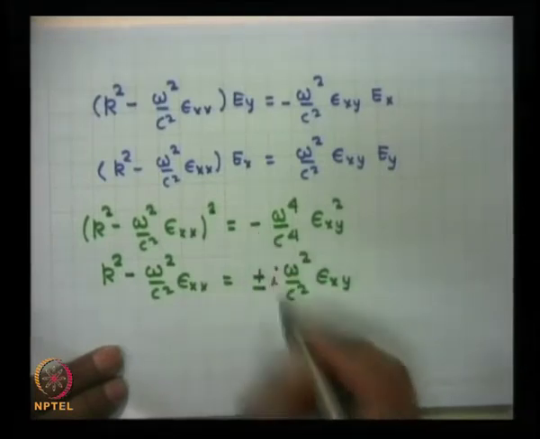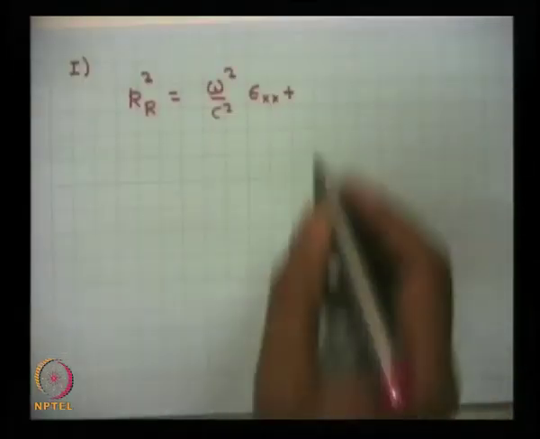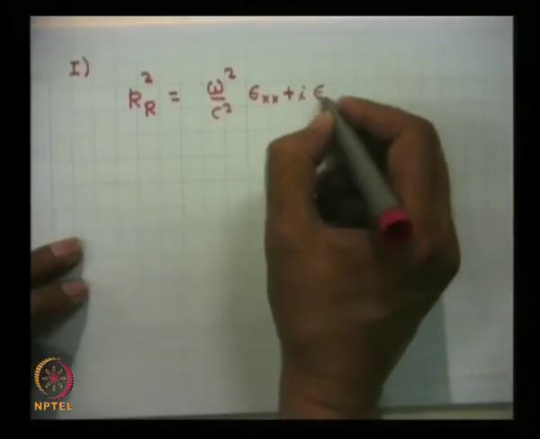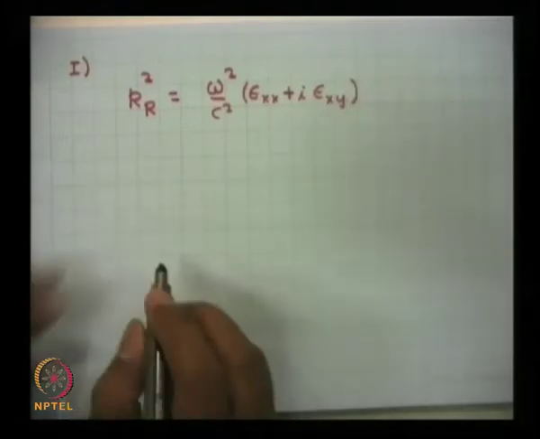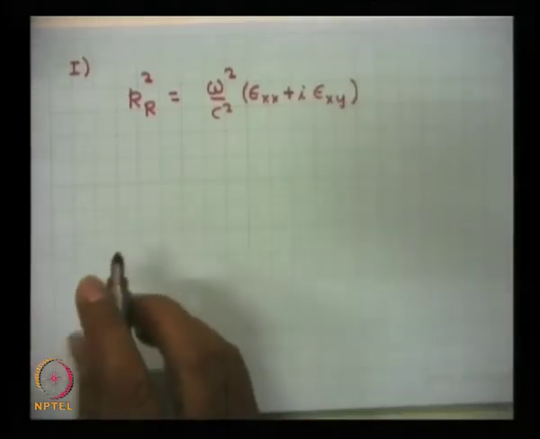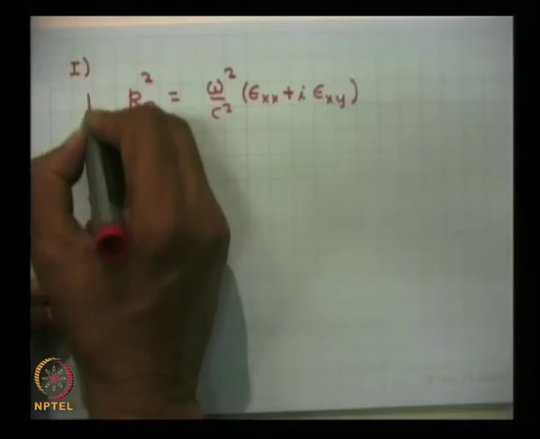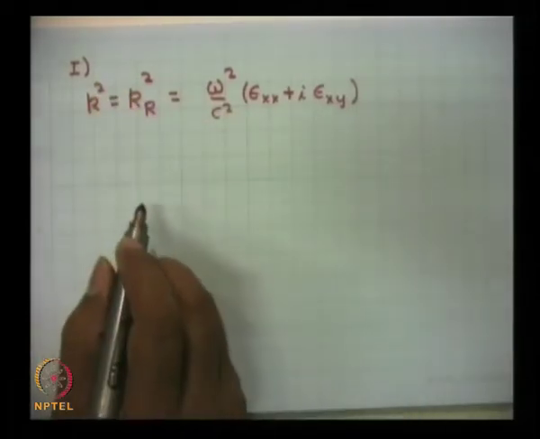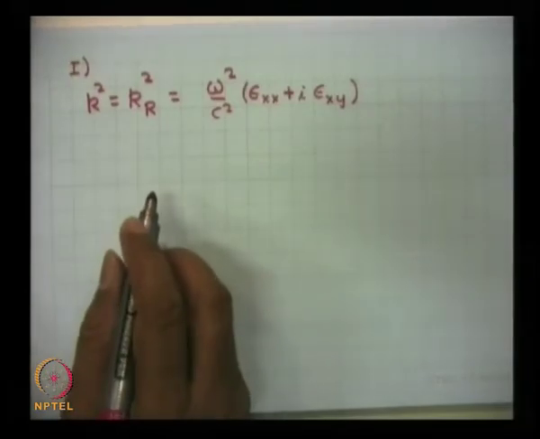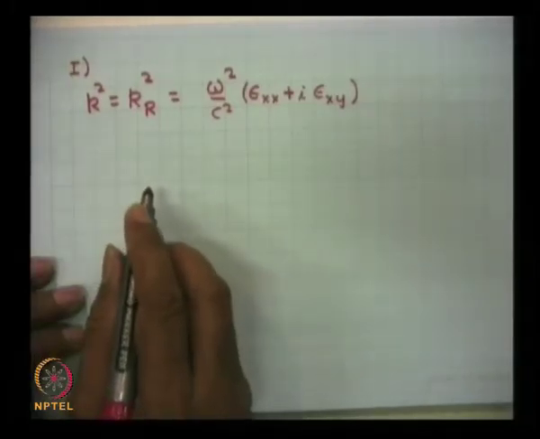I forgot to write i. So, I get i times epsilon xy. If I put this value of k square equal to kr square in any of those equations relating Ex to Ey, I get an expression.